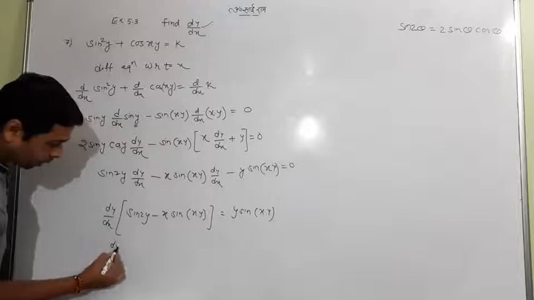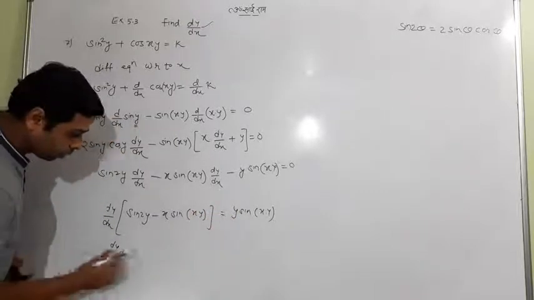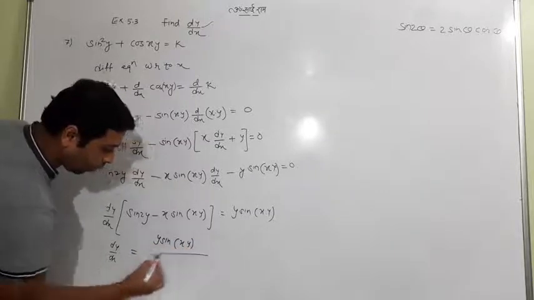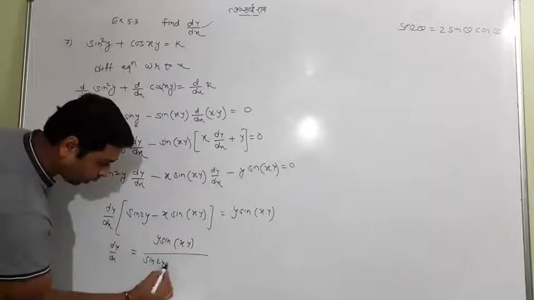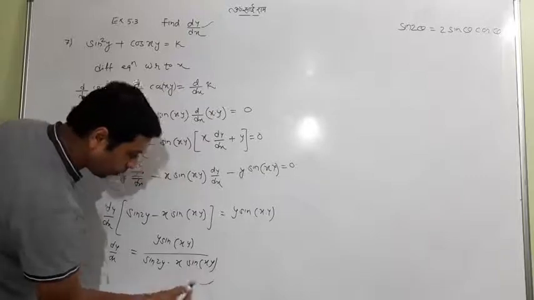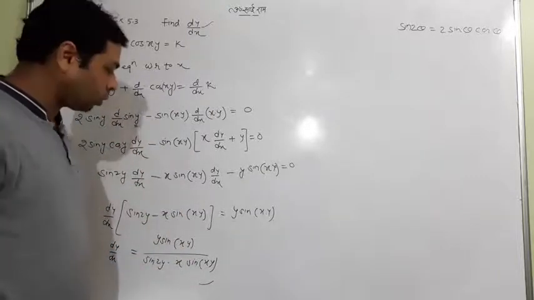Just want to find dy by dx, which will be equal to y sin xy upon this whole, which will come in the denominator, sin 2y minus x sin xy. This is the answer. So it's nothing hard, it's just practice.